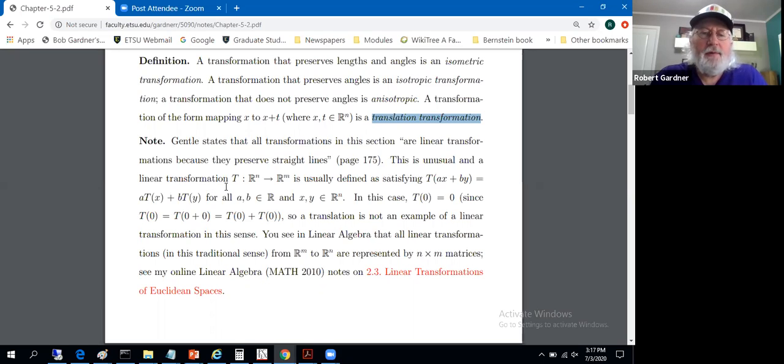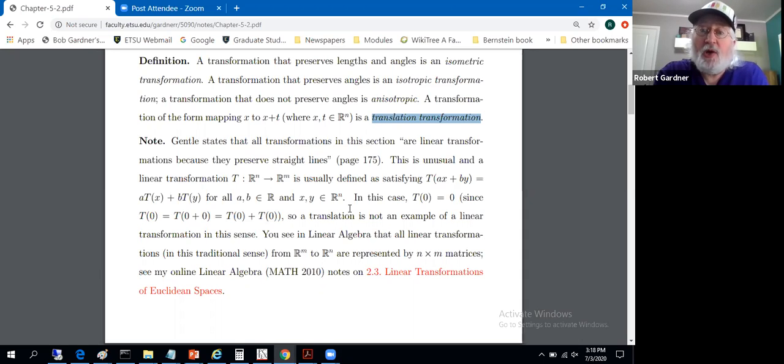You often hear, and this ain't the first or the last time you'll hear this, I'm sure, a linear transformation mapping, say, Rn into Rn, is usually defined as satisfying T of aX plus bY equals a T of X plus b T of Y. a and b are scalars, X and Y are vectors, say in Rn. That's very much the usual definition of linear. A linear transformation should satisfy that, and translation transformations, they don't satisfy that. So they're not linear transformations in this sense.